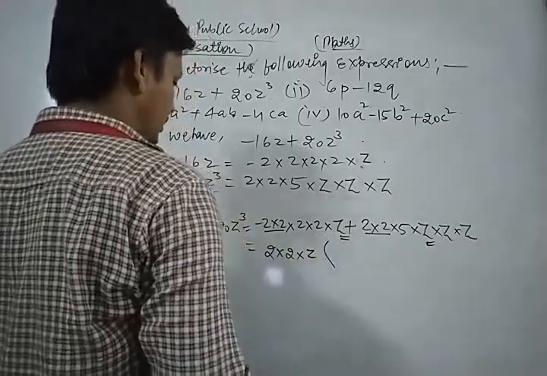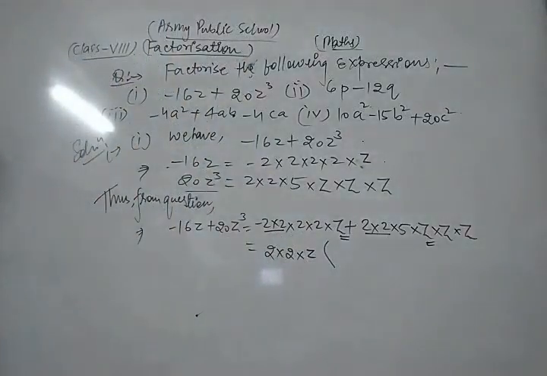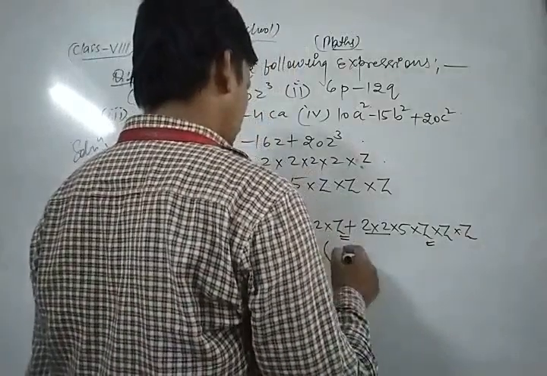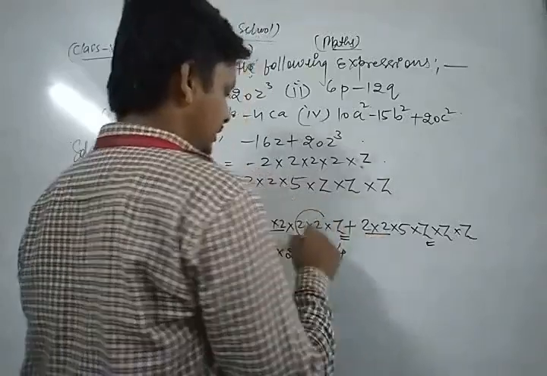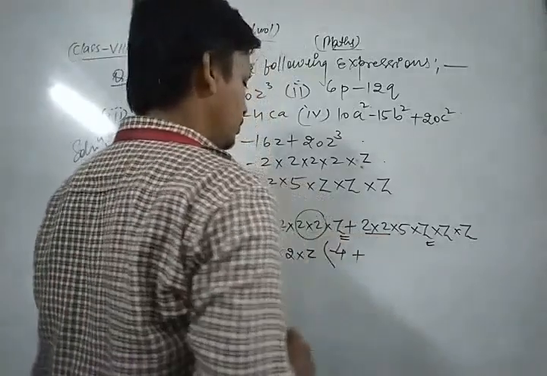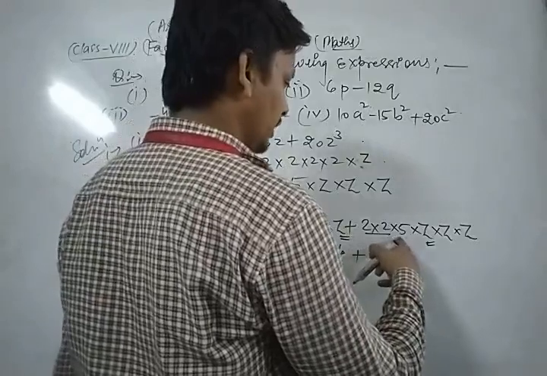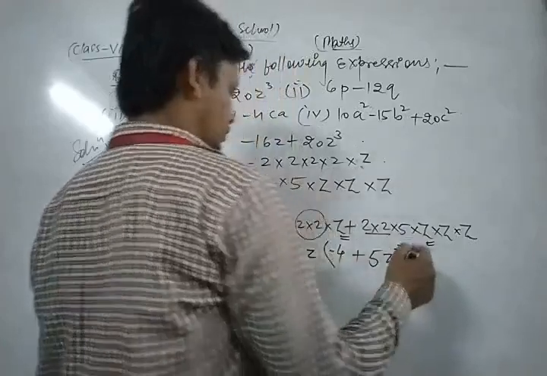In the first term we get 2 to the 4 divided, leaving 4, so minus 4 is left here, and plus in the second term 2 into 5 into z, that is z square, so 5z square is left.